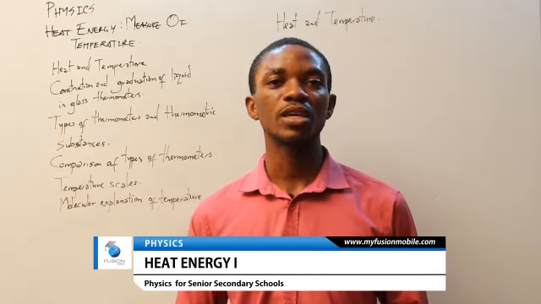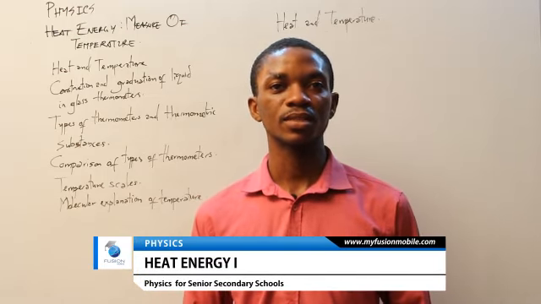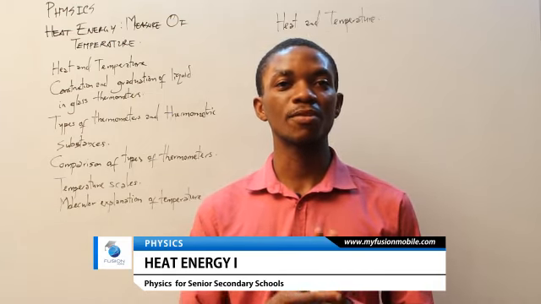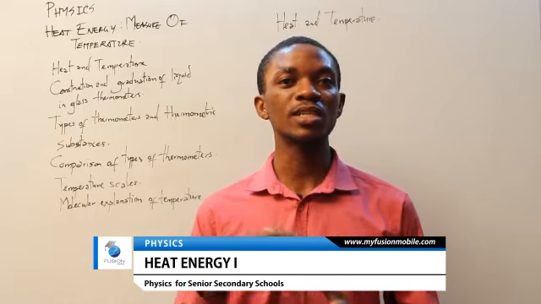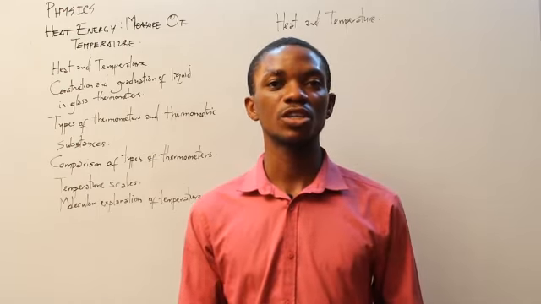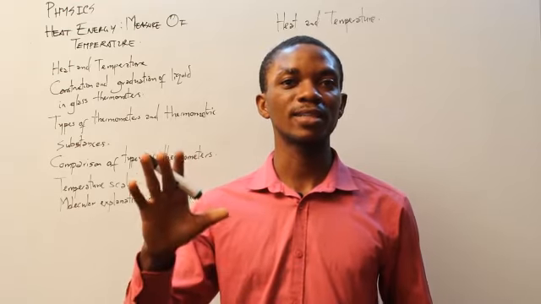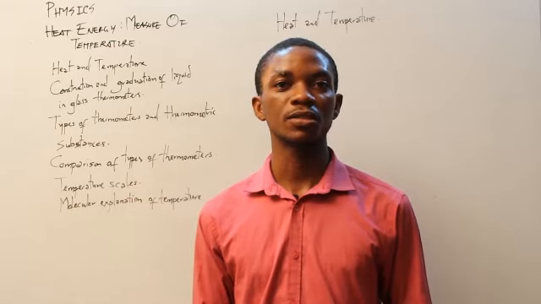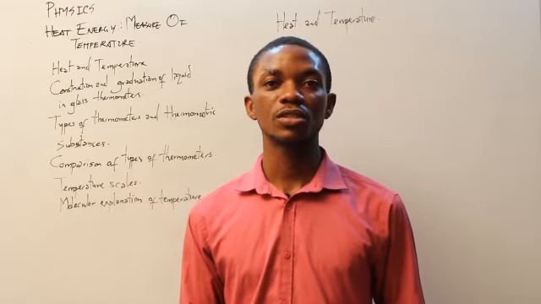We also have the gas thermometers. Gas thermometers have a particular gas inside the apparatus, and when there is a temperature change, the gas would expand, causing us to have a reading. We have the electric thermometer.